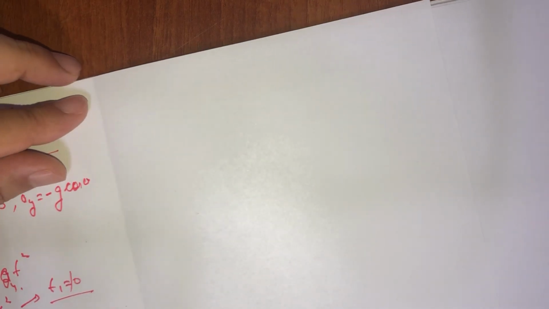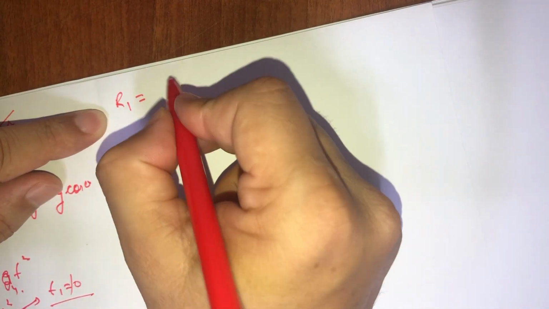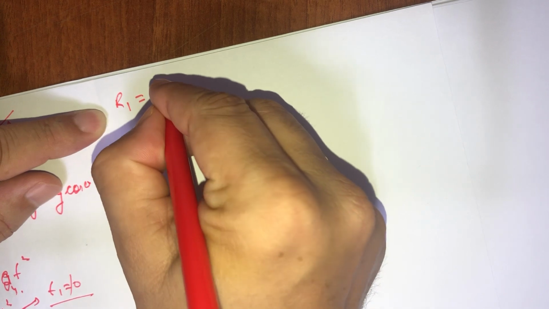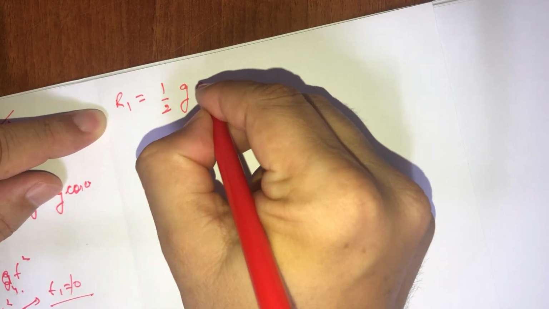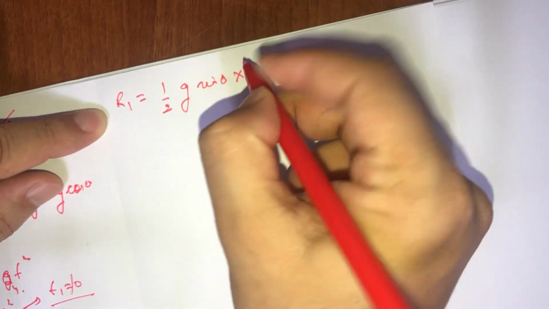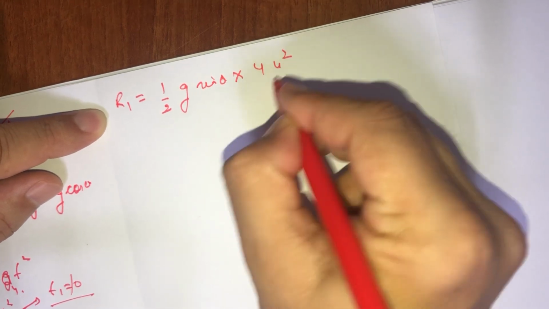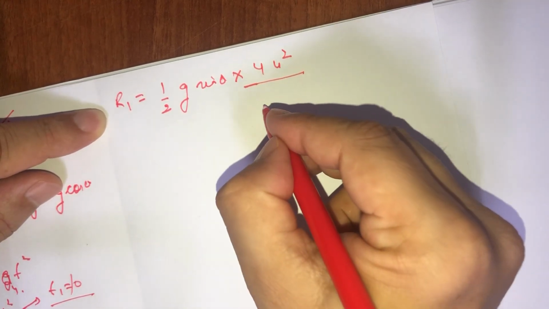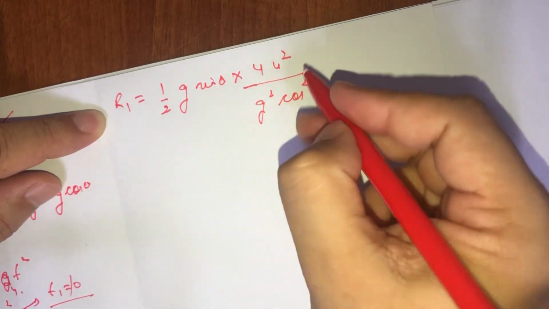This can be further solved as r1 is equal to 1/2 g sin theta multiplied by 4u square divided by g square cos square theta.